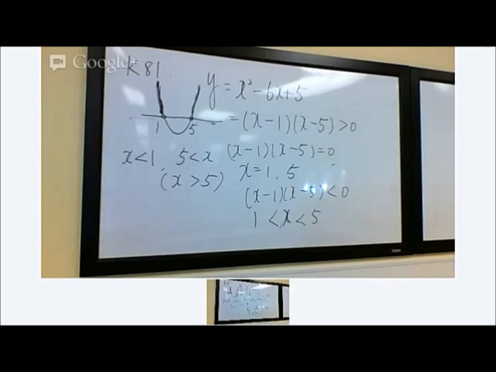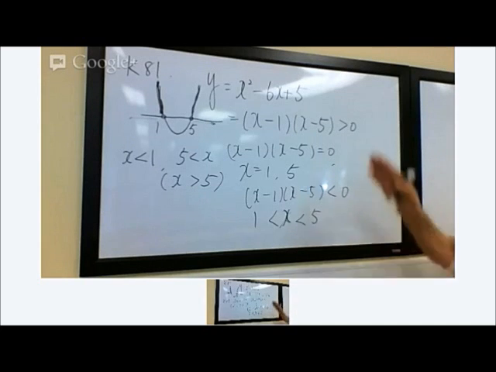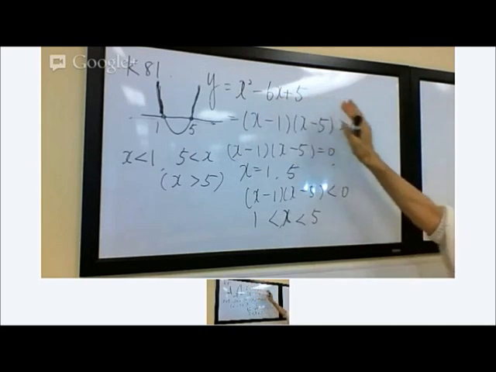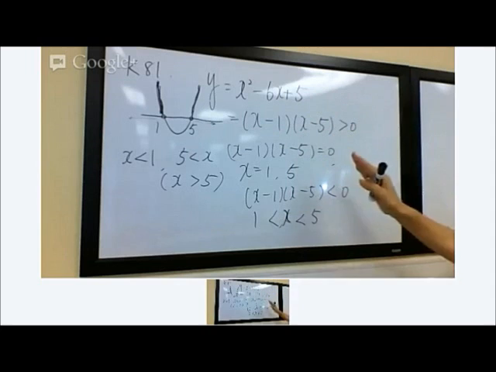Okay, 81, 82, 83, 84. But some different types are there. For some questions, you cannot factor. If so, what to do? Use the quadratic formula.